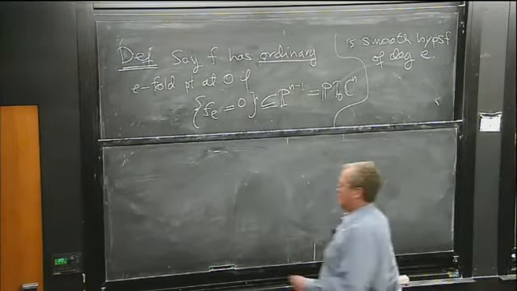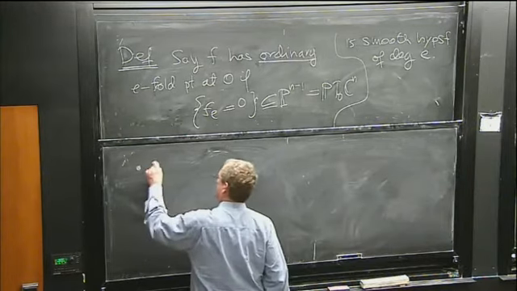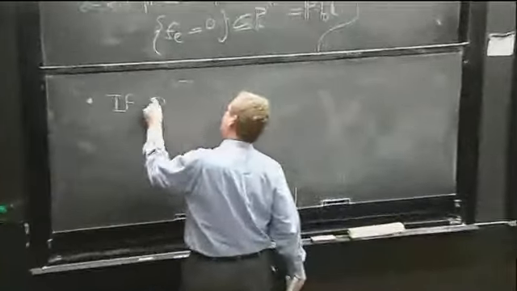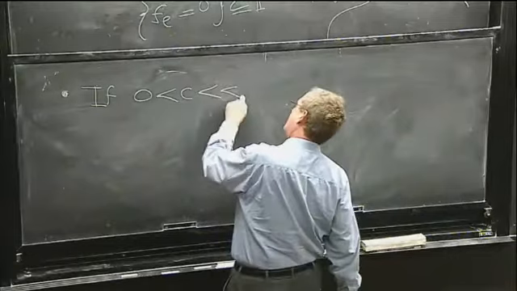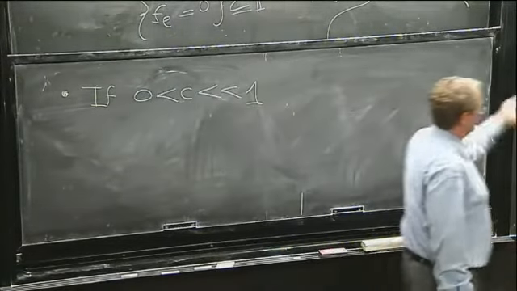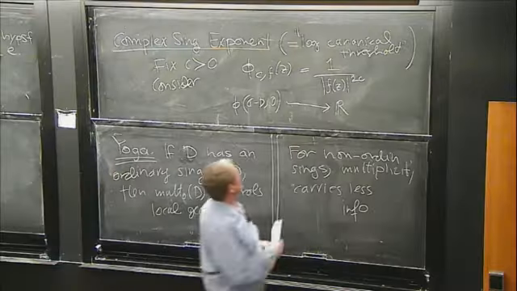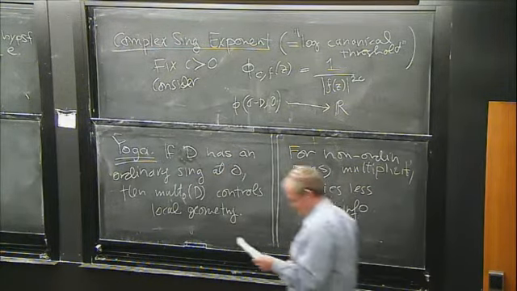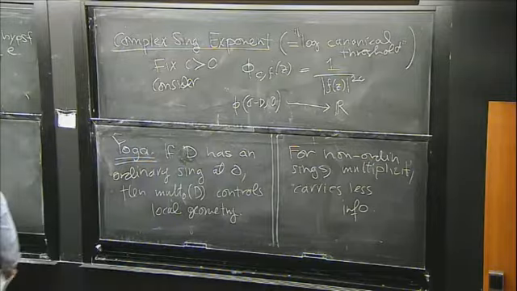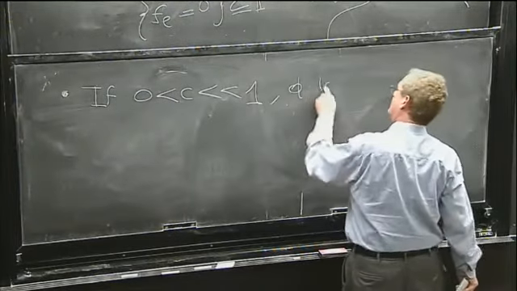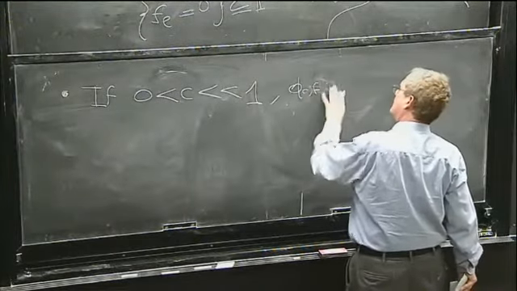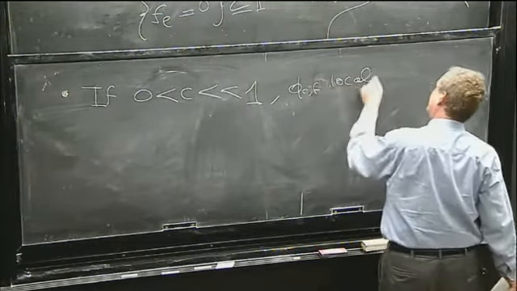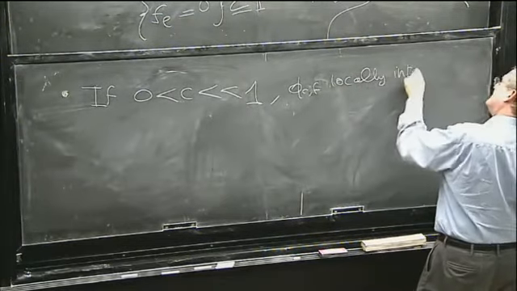So if c is very small, although this is blowing up, it's blowing up relatively slowly, and so this will still be an integrable function near 0. Then phi_c of f will be locally integrable near 0.